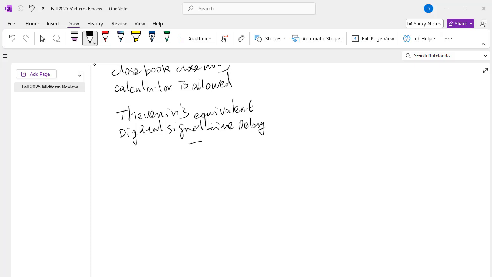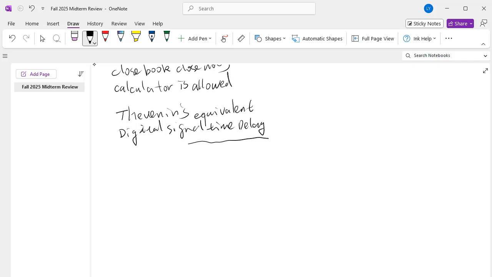You need to know that equation, how to calculate time delay, but you're not required to remember how to derive it. For the time delay, the circuit will be a lot easier than whatever you saw from the quiz, because you definitely don't have time to go through every single thing during the exam. We only have 55 minutes for the exam.